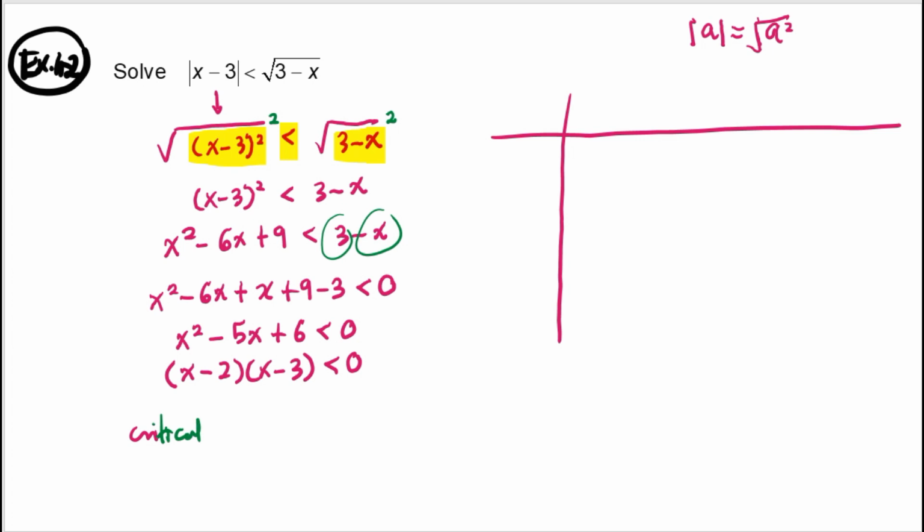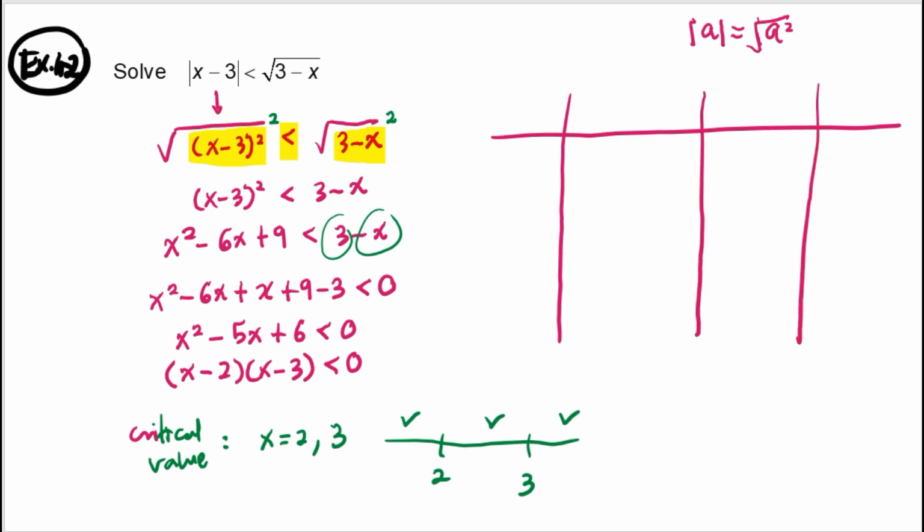The critical values are actually at 2 and also 3. So we have this number line with 2 and 3. We have to find the interval for these three parts here. So we have negative infinity up to 2, from 2 up to 3, from 3 up to infinity.